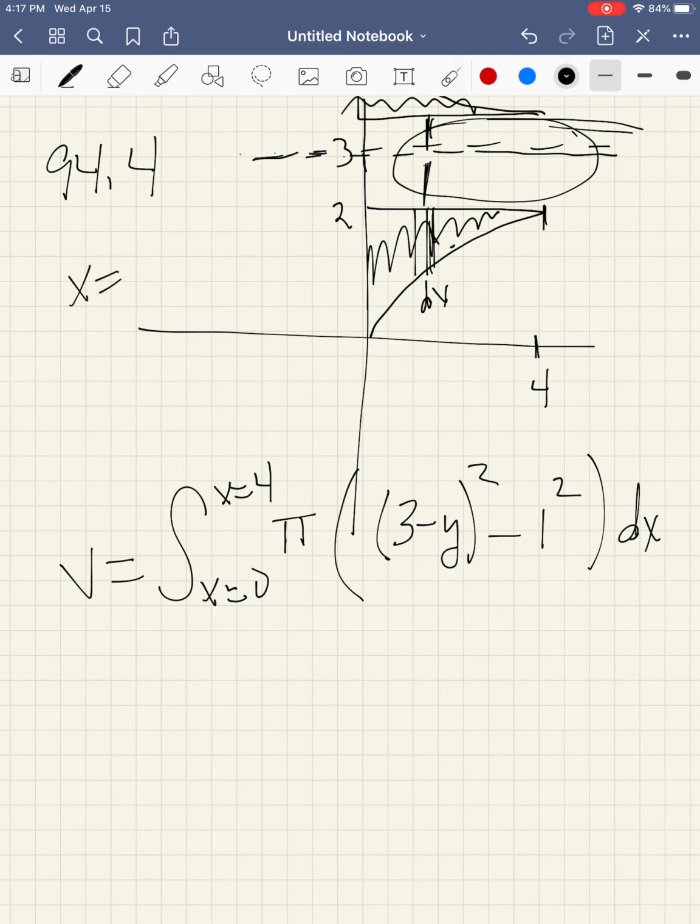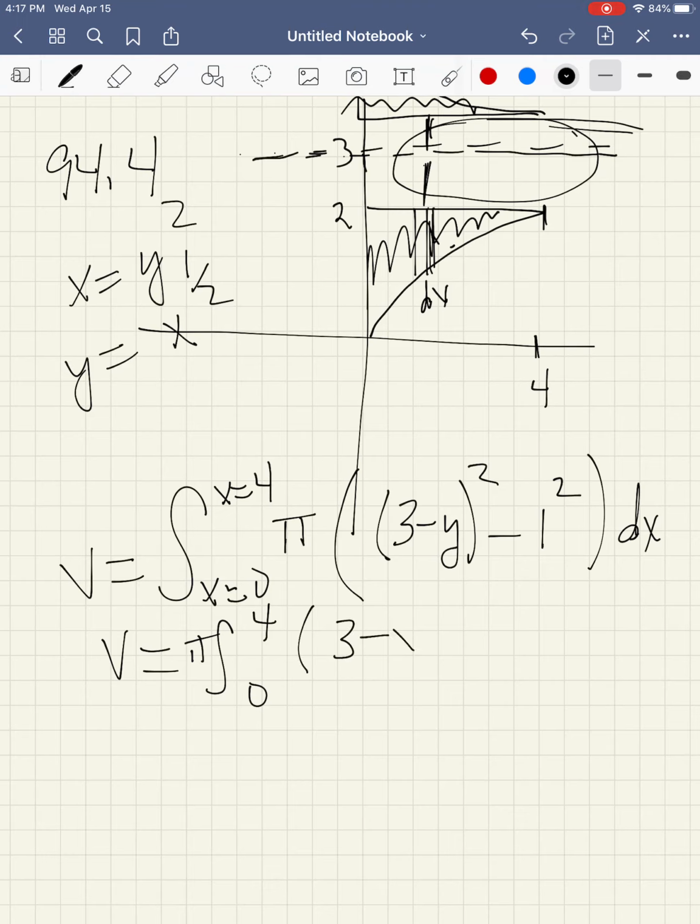So that equation was x equaled y squared. So y was equal to the square root of x, or x to the 1/2. So we can go back and change this. 0 to 4, I'll pull pi out in front. And this will be 3 minus x to the 1/2 quantity squared minus 1 squared, which is 1, dx.